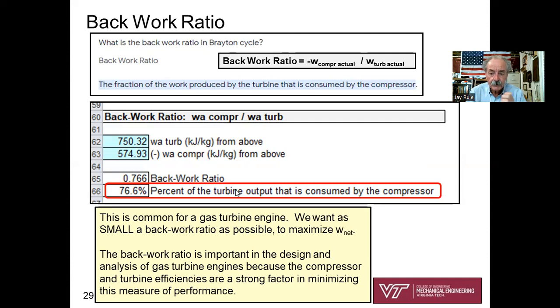The irreversibilities in both the compressor and the turbine were resulting in very, very high, let's say 90%, back work ratios. We've improved and improved on that technology since World War II. So right now we're looking at 76%, 77% of the turbine output power going to run the compressor. Very high back work ratio.